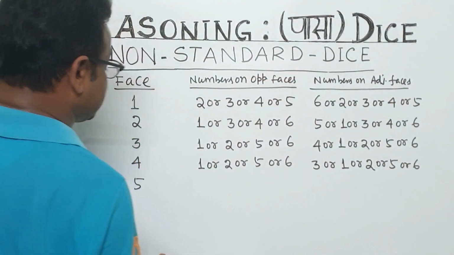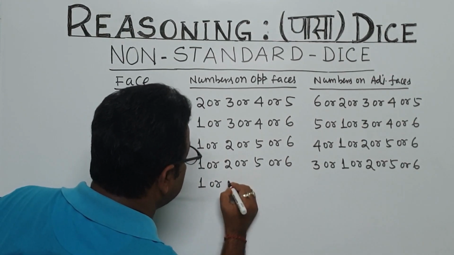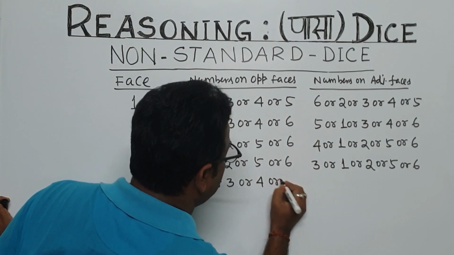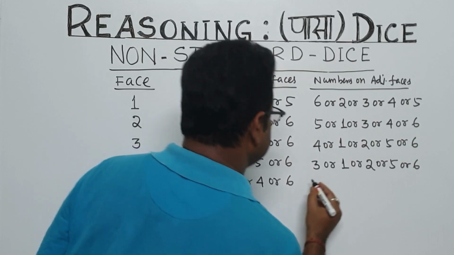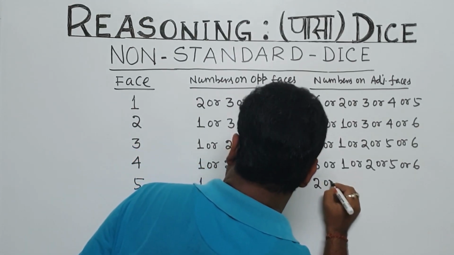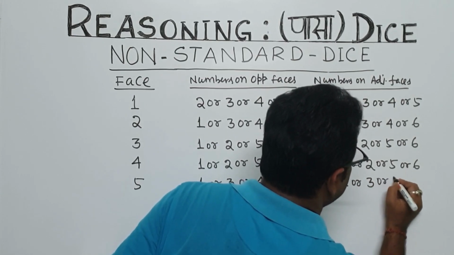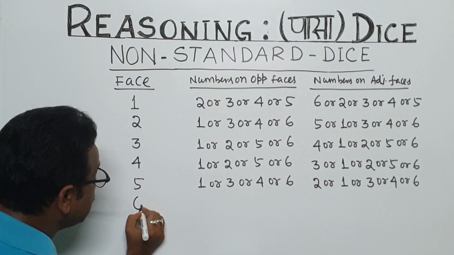The number on opposite faces will be 1 or 3 or 4 or 6, and on adjacent faces 2 or 1 or 3 or 4 or 6. Now 6 will be on the face.